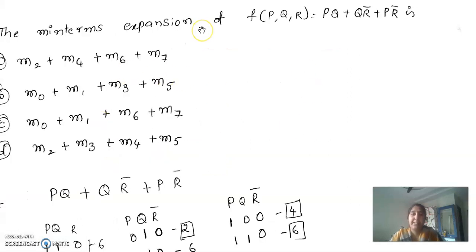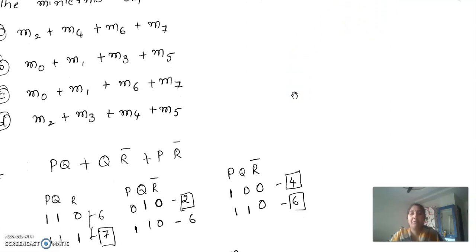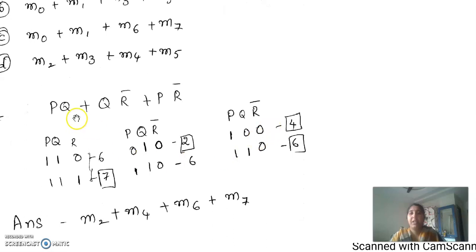We'll see one GATE problem related to minterms and maxterms. The minterm expansion of f of p, q, r is pq plus qr plus pr', and the expression is to be written in minterms in the options. So we should expand this function in terms of minterms. To do that, we have to find the missing variable.